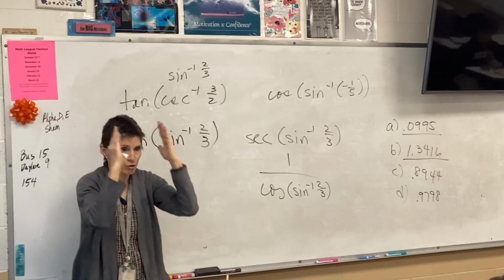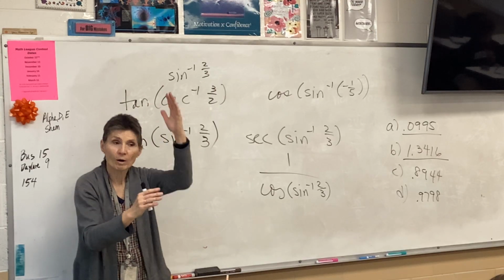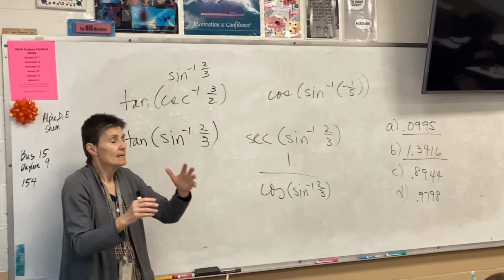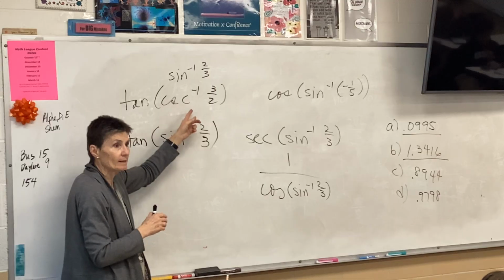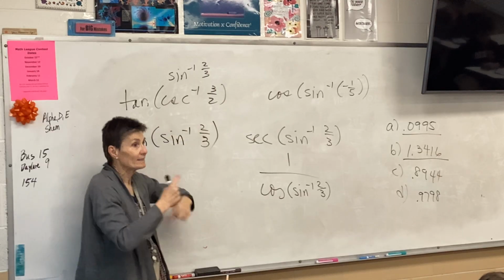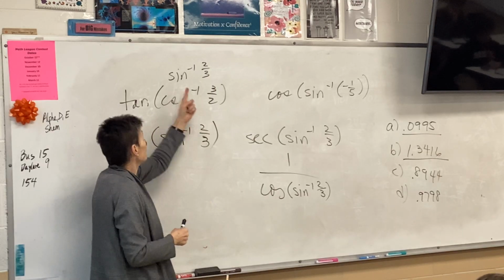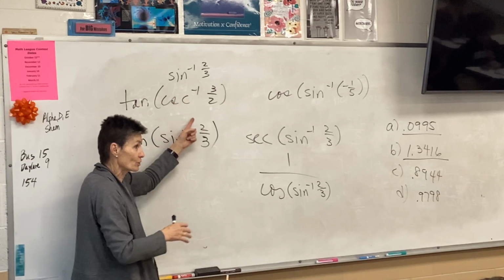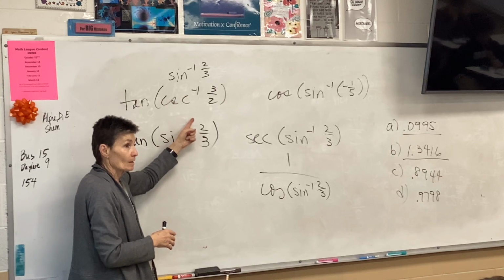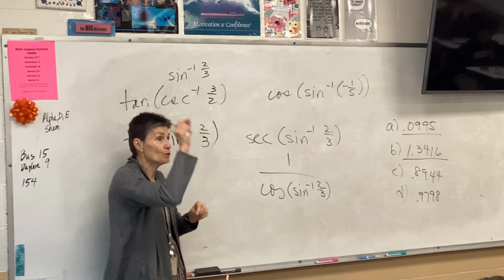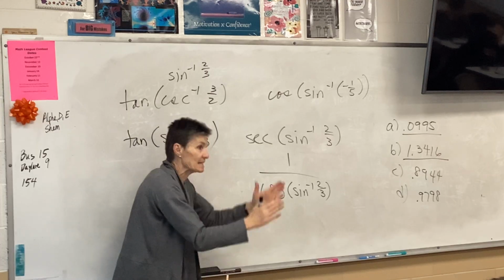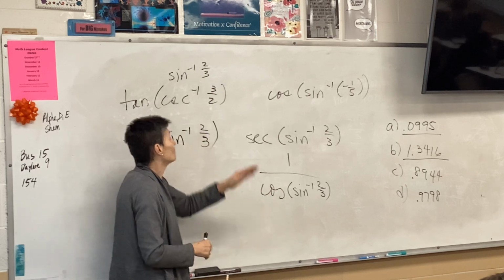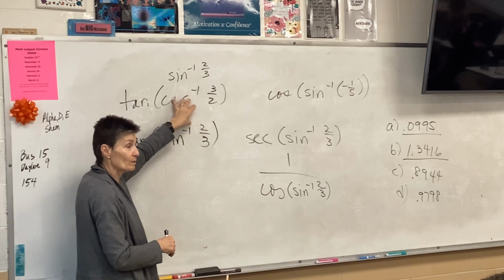If you gotta type a straight secant, it's 1 over cosine. If you gotta type an inverse secant or cosecant, you have to rewrite the problem as an inverse sine or an inverse cosine. The only time you do 1 over is if it says find the secant or find the cosecant. If it's this, you have to rewrite the problem.